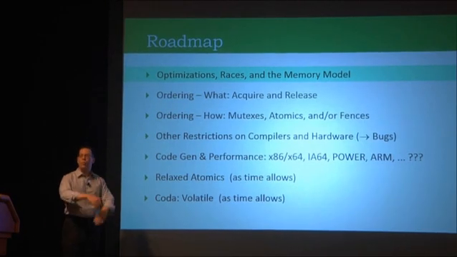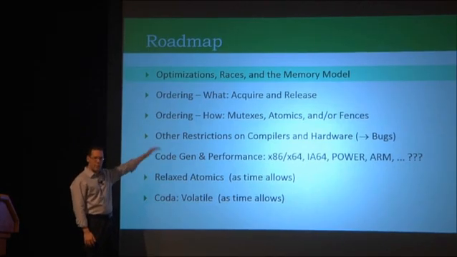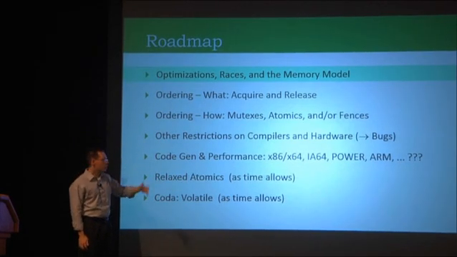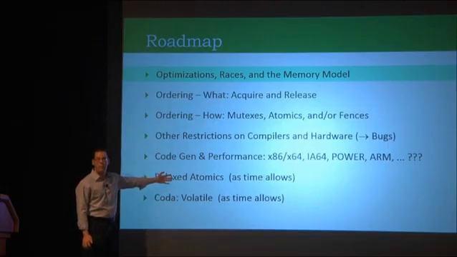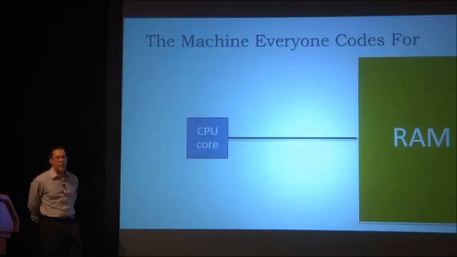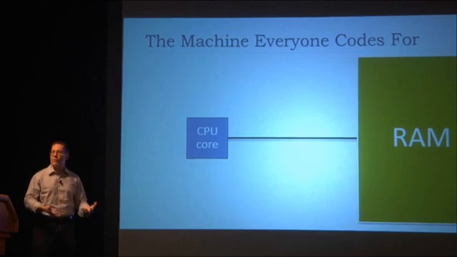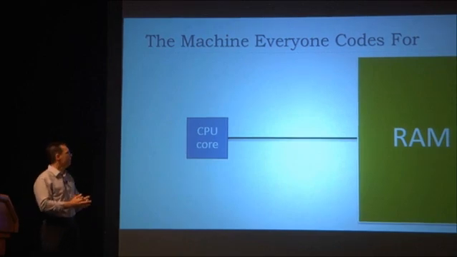Just a couple of slides, which you have, but the goal is to get up to here. This is the most important stuff that you should be using. This is basically stuff that hopefully you shouldn't, but maybe you should, and if so, why? And then a coda. So let's start with that first section on optimizations, races, and memory model.